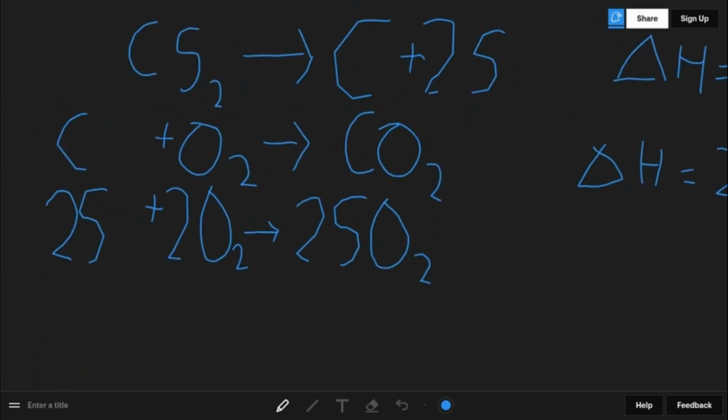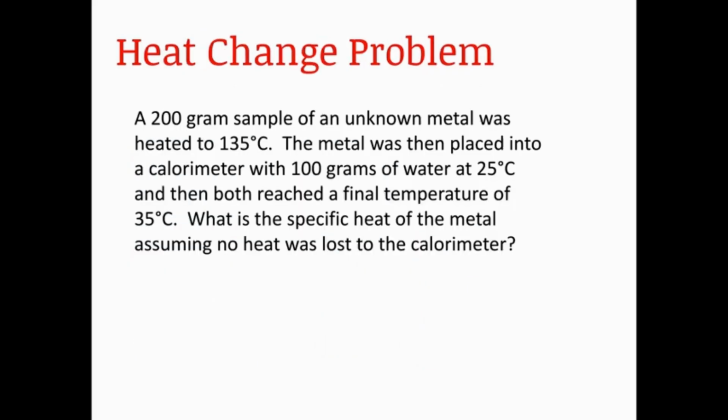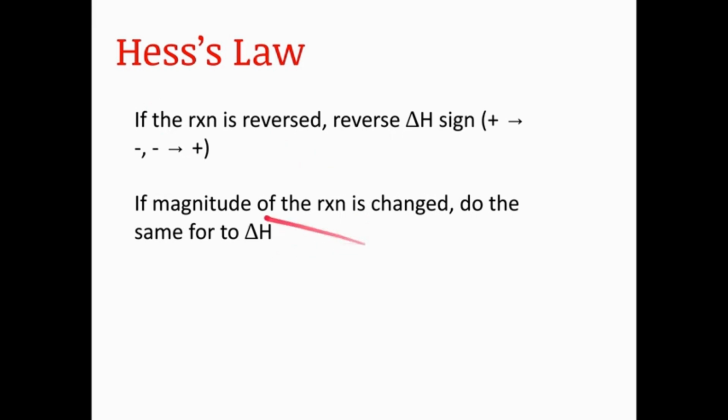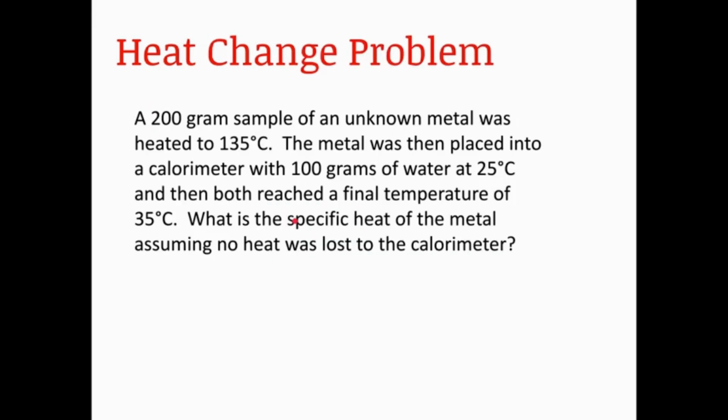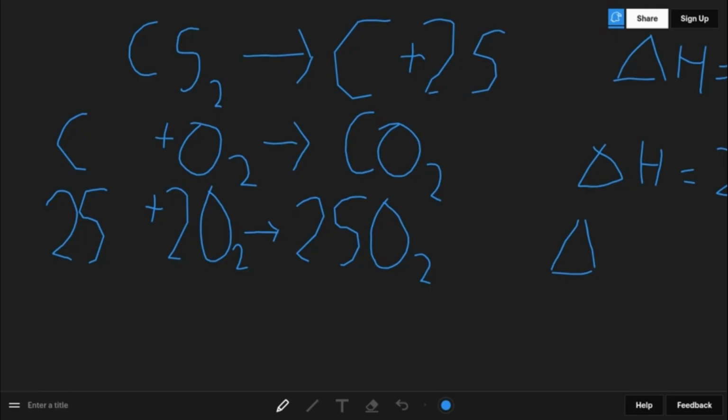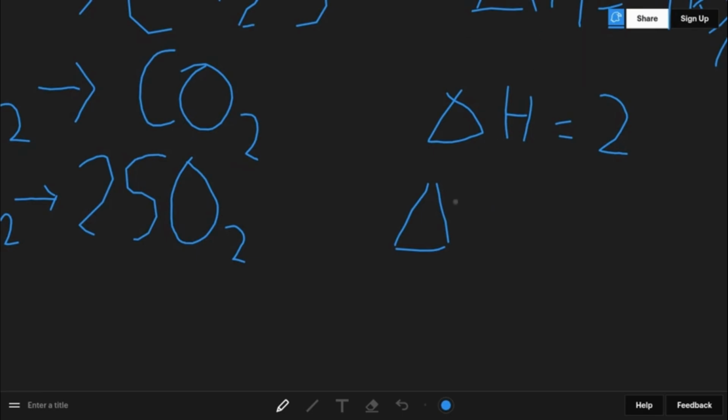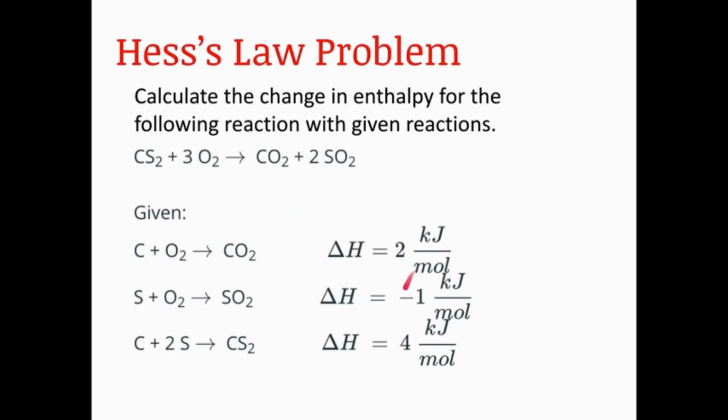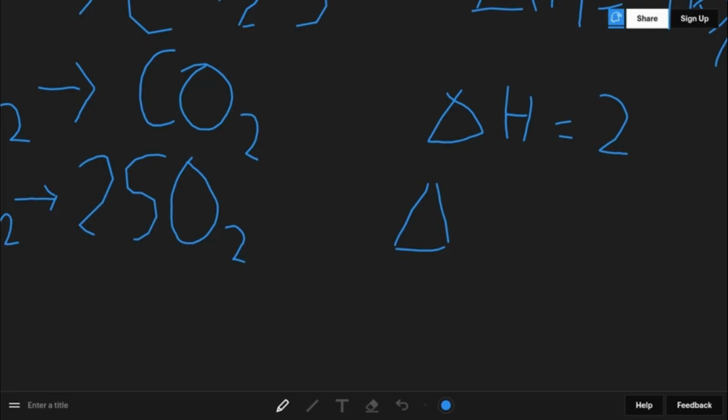And since we multiplied by 2, the change in H is going to be doubled, which is what's said over here. From negative 1, we get negative 1 times 2, which is just negative 2.